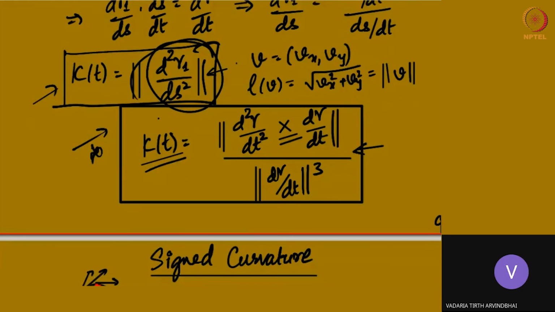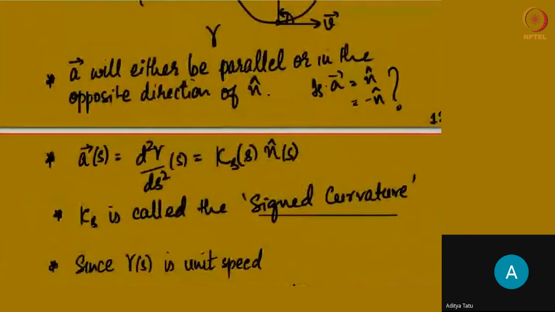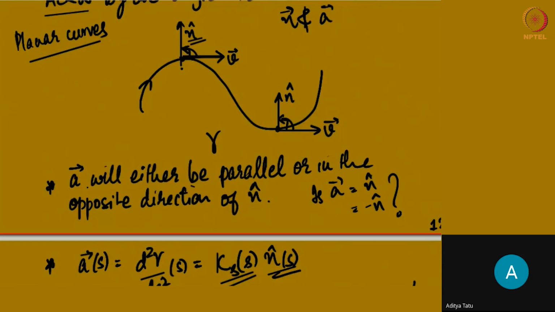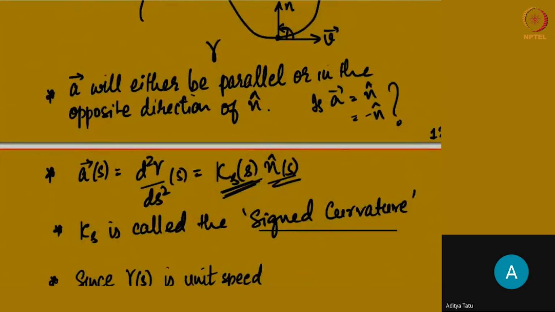So then, in either case, I can say that the acceleration vector is equal to some scalar times the unit normal. And because we are now allowing this possibility that A can be in the opposite direction of n cap, this scalar, which we are now calling kappa s, can be both positive as well as negative.